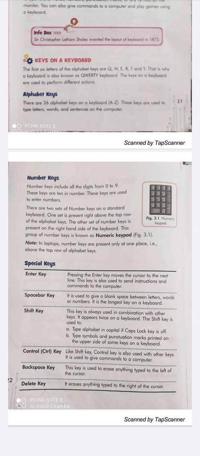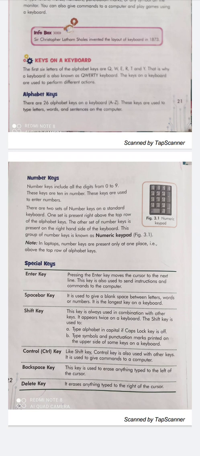The delete key erases anything typed to the right of the cursor. The backspace key erases anything typed to the left of the cursor, and the delete key erases anything typed to the right of the cursor. Is that clear to all of you?